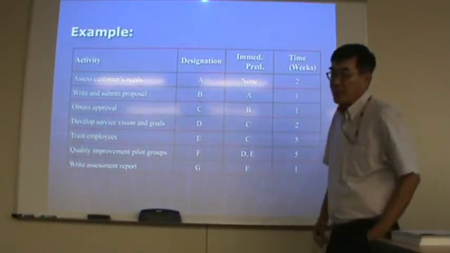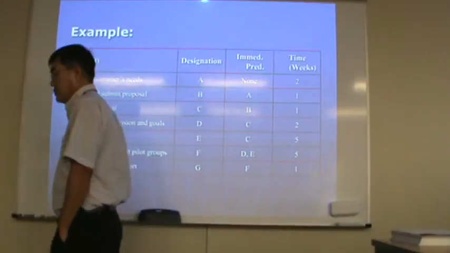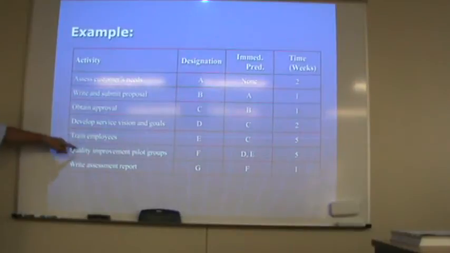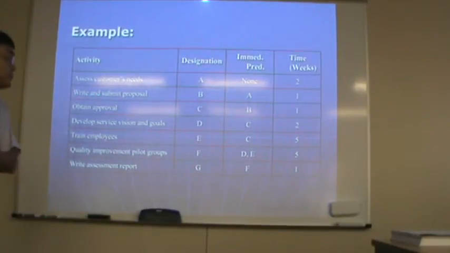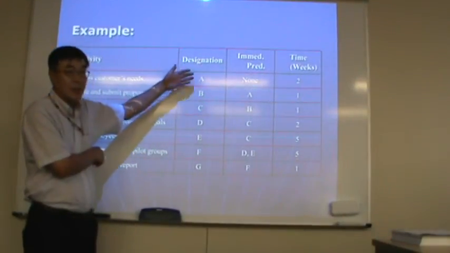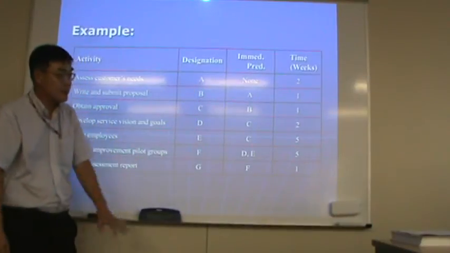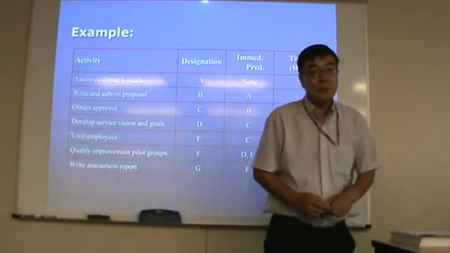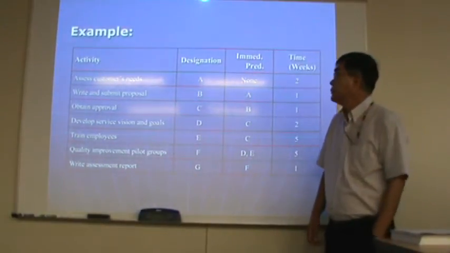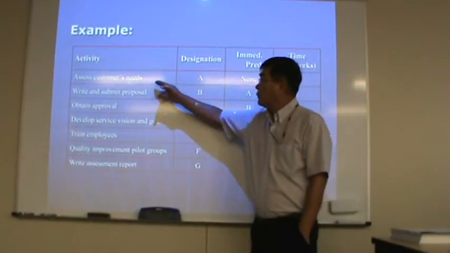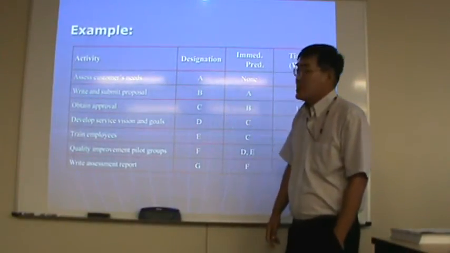Example: this project consists of 1, 2, 3, 4, 5, 6, 7 activities. And we denote each activity as activity A, activity B, and so on. And then this column is the immediate predecessor. The first activity is assessing customers' needs.